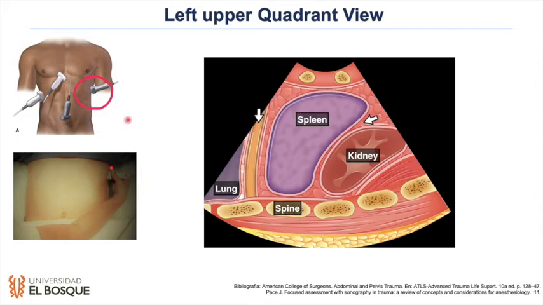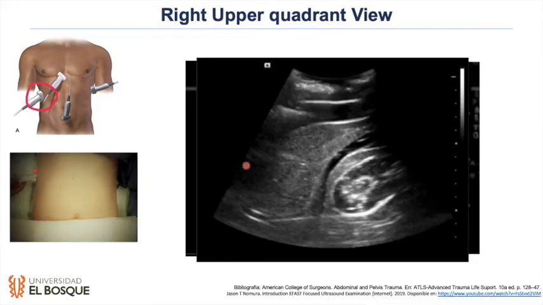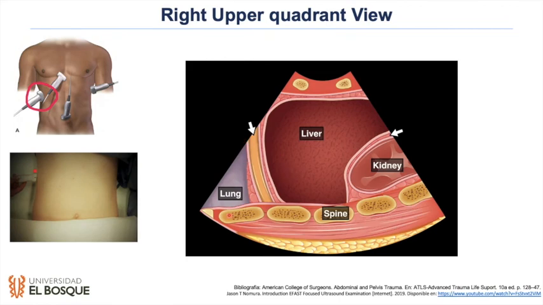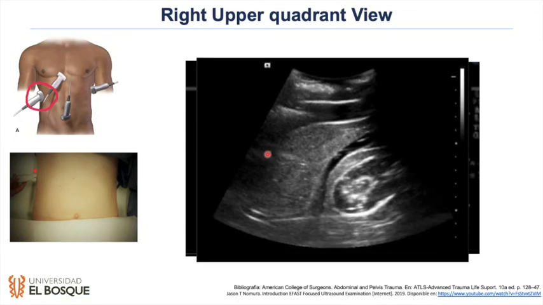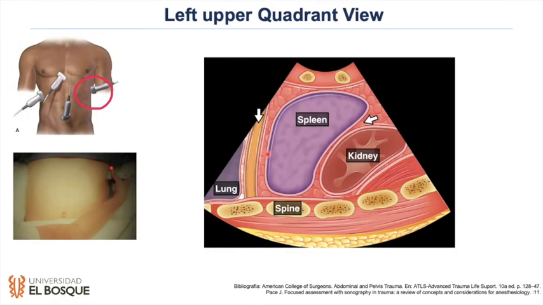I forgot to tell you before that in the right upper view you can also see the costophrenic area, looking for a pneumothorax, for example, but it is not well viewed here. So you can see the left costophrenic region here.